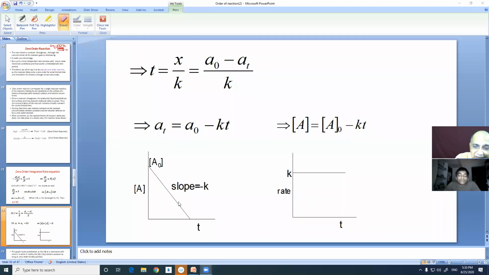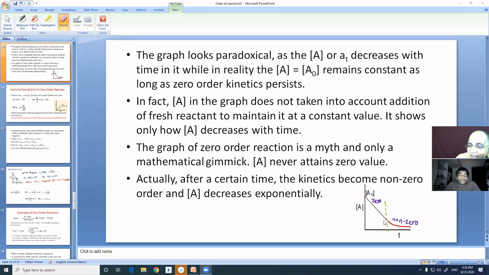But actually this graph will be linear up to this point, and then it will really look like this. It will be linear only up to a short time interval, as long as the catalyst is perfect to adsorb more and more, and as long as it expels the product and creates new space for the reactant to be replenished.